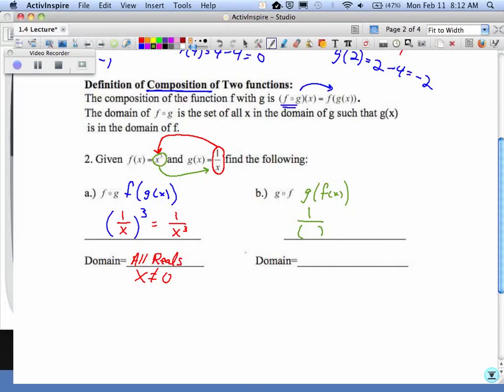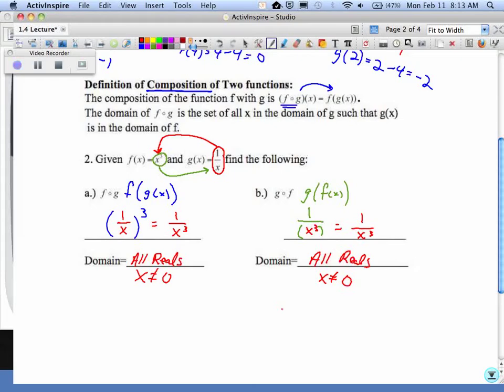So G is looking like 1 over X, or 1 over the input, and then that's where X cubed will sit. So you end up with 1 over X cubed, which is the same function as you had over here. So again, all real numbers such that X is not equal to 0 again.